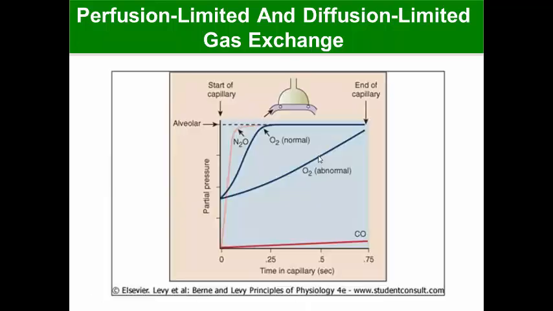This gas, by the way, the one in red, is nitric oxide. And the diffusion of nitric oxide across the respiratory membrane is also perfusion limited. Why? Because nitric oxide might even take less time than oxygen to get equilibrated between the blood in the pulmonary capillaries and the air in the alveoli. So it is perfusion limited.